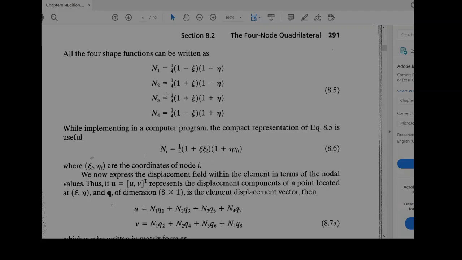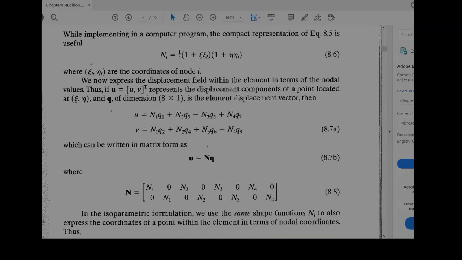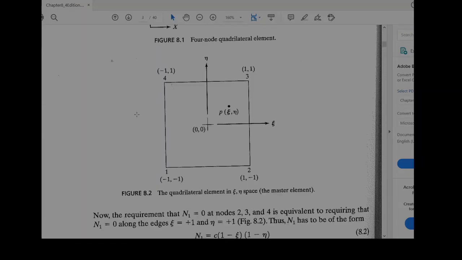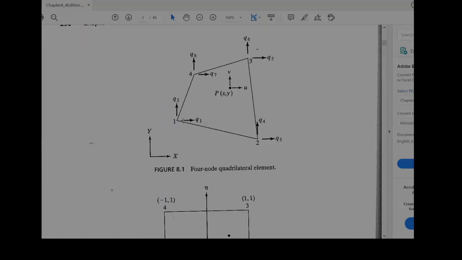We can see all of those. Then essentially I have the U and V fields. I can write them now in terms of those degrees of freedom. Again, just to highlight, all the odd ones are horizontal displacement. All the even ones are related to the vertical displacement. Can you see that?